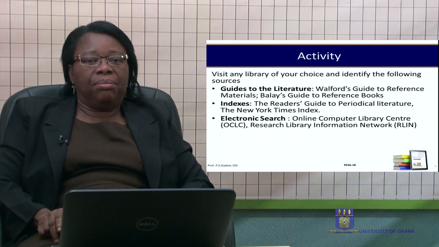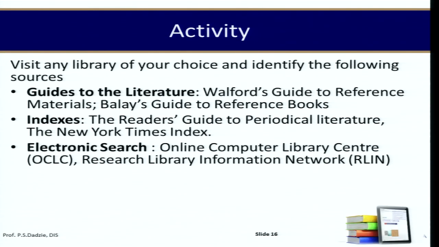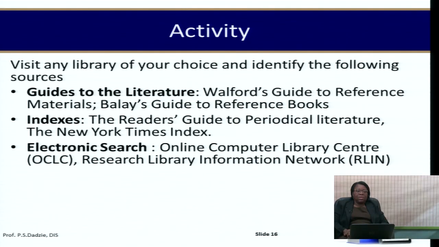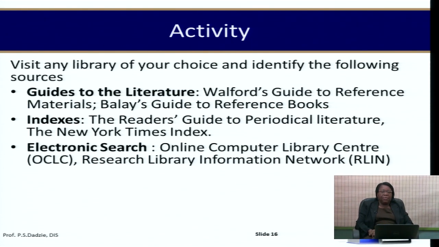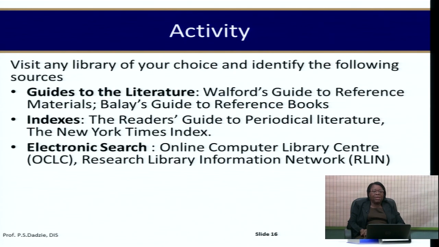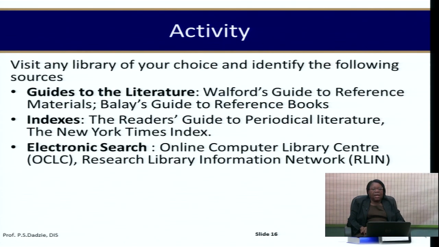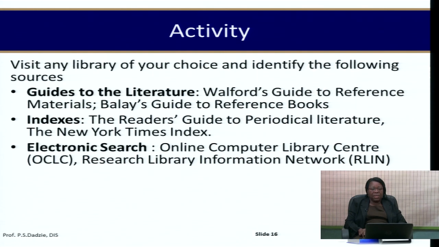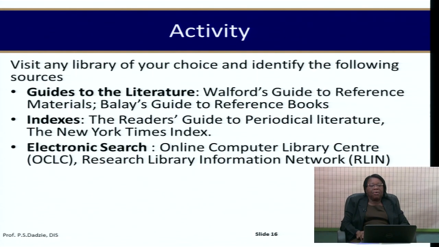So for your activity, I'd want you to visit any information center and consult what we call the guides to the literature. Examples of the guides include Walford's Guide to Reference Materials and Bailey's Guide to Reference Materials. These are bibliographies, and they fall under the control access directional type of information.